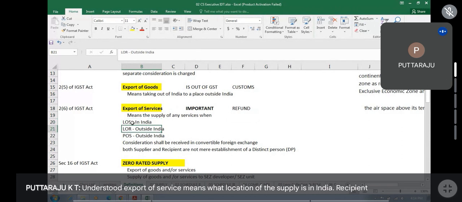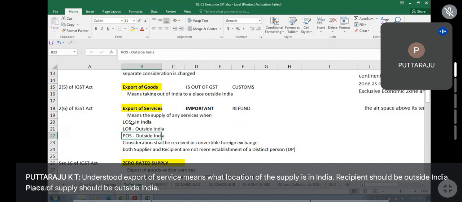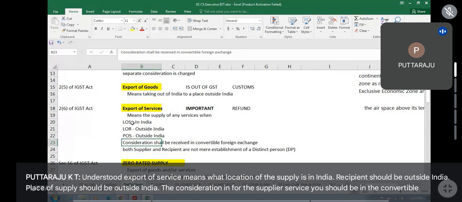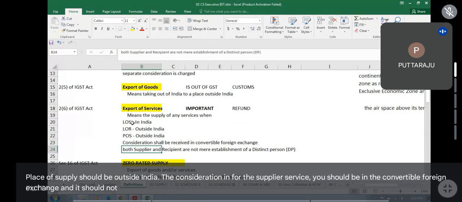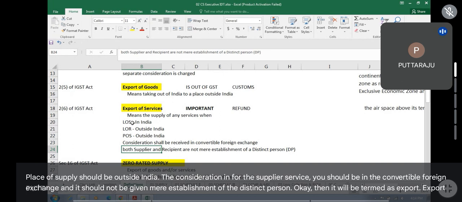Recipient should be outside India. Place of supply should be outside India. The consideration for the supply of service should be in convertible foreign exchange, and it should not be given to a mere establishment of a distinct person. Okay, then it will be termed as export of service.